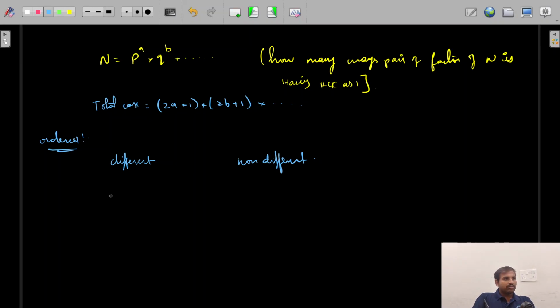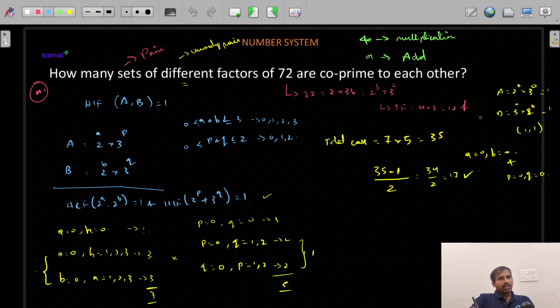So the total number of cases is nothing but the same thing, (2a plus 1) into (2b plus 1), and it keeps on going. Finally I have to minus 1, because it assumes two different numbers are the same, when these two cases alone are possible.